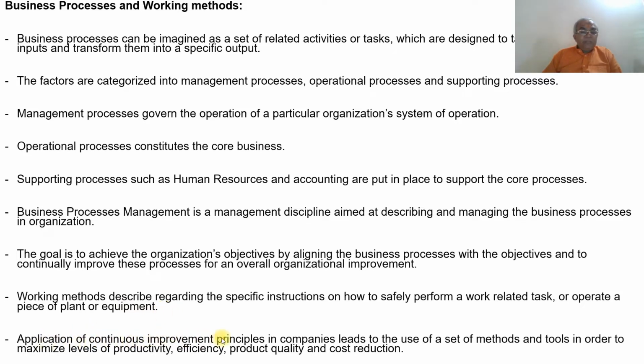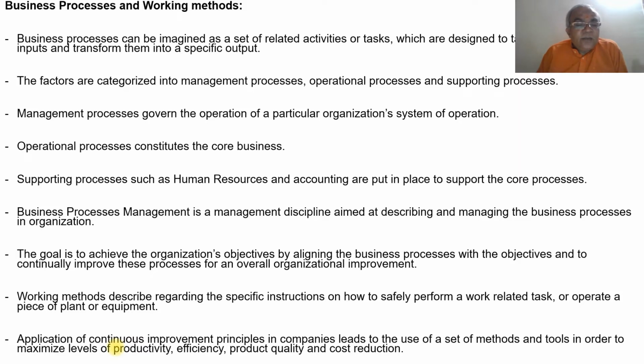Application of continuous improvement principles in companies leads to the use of a set of methods and tools to maximize levels of productivity, efficiency, product quality, and cost reduction. So it is a tool to maximize levels of productivity. That means to have the continuous improvement principles.